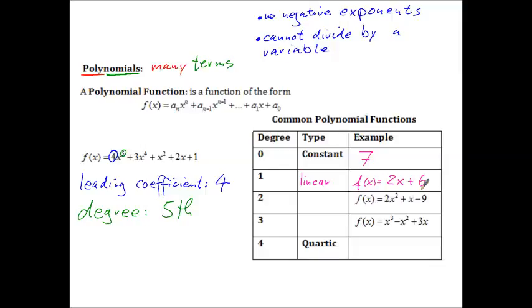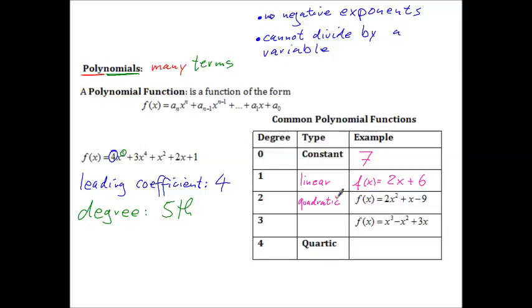If we have a degree of 2, we have a quadratic function. Quadratic functions you are well aware of and you know them very well. The example is already in this table: f of x is equal to 2x squared plus x minus 9.